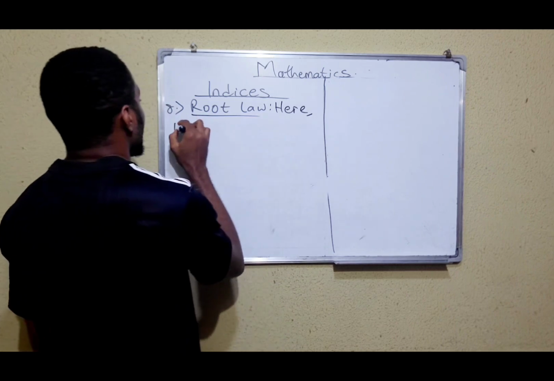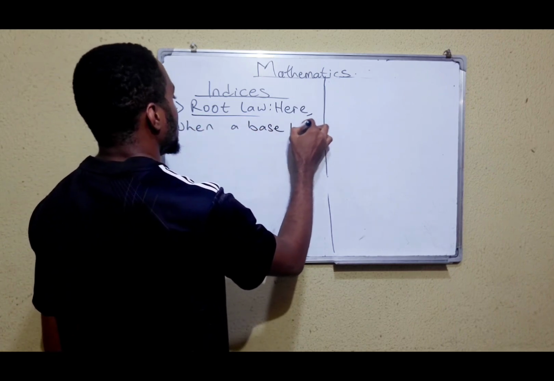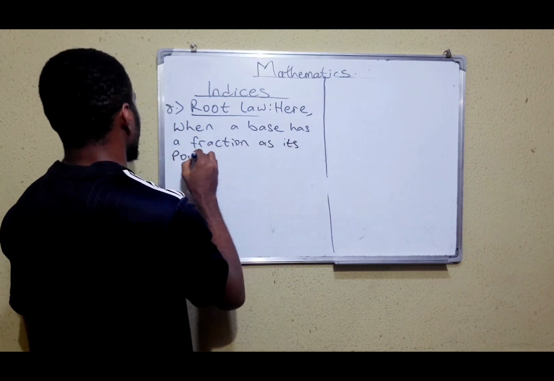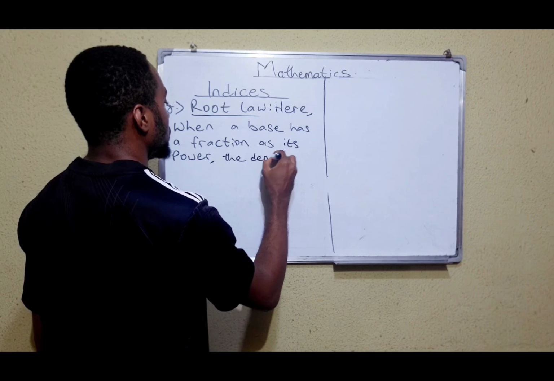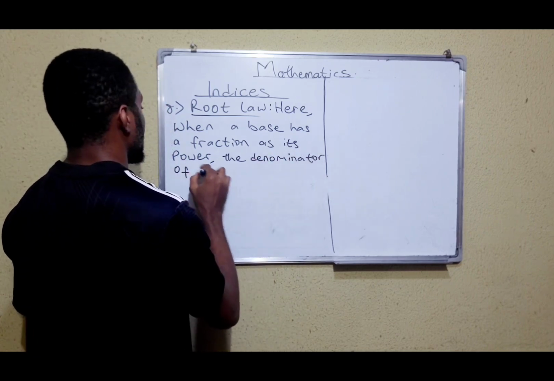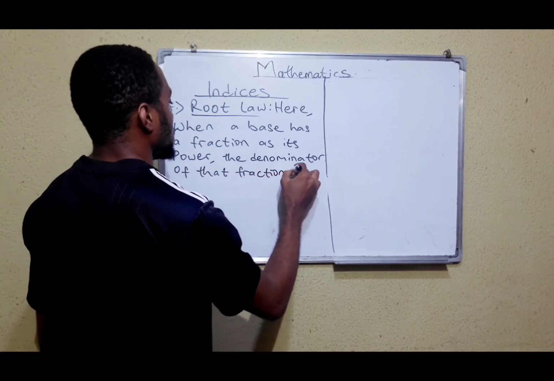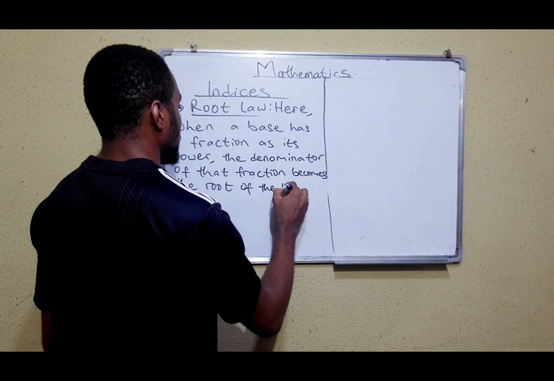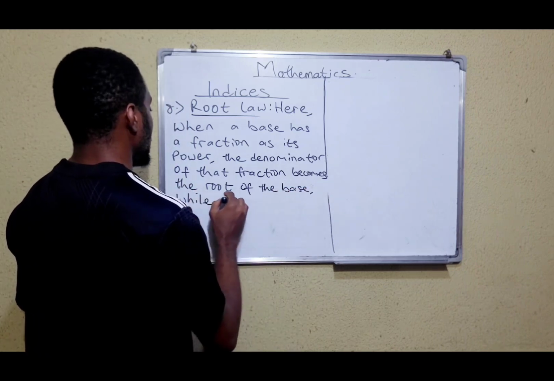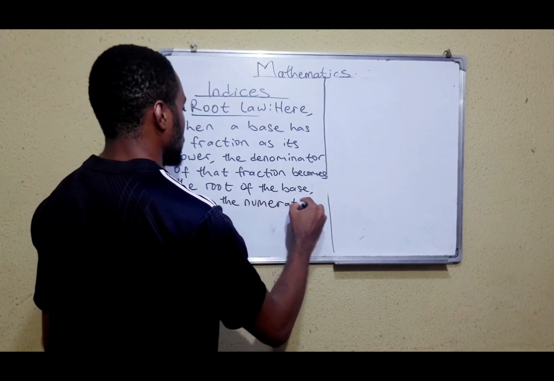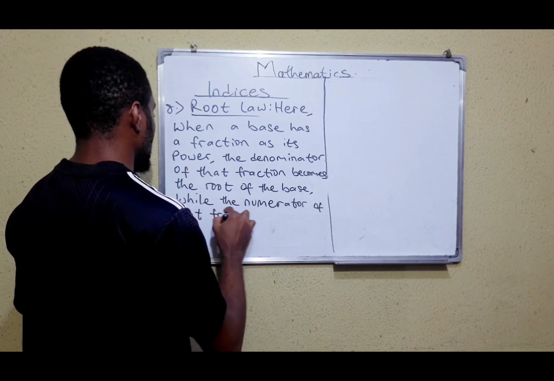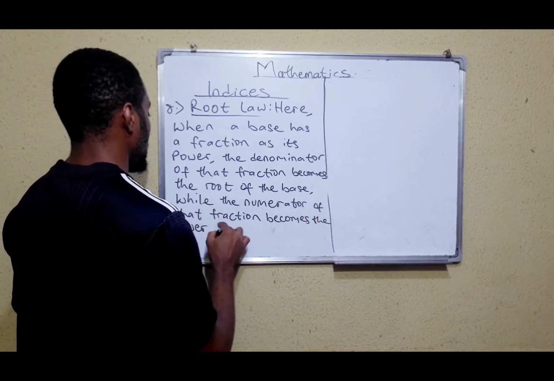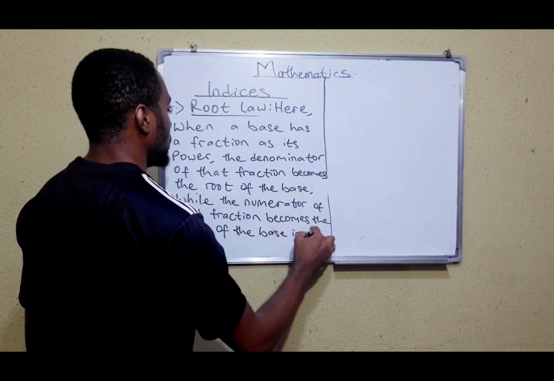Here, when a base has a fraction as its power, the denominator of that fraction becomes the root of the base, while the numerator of that fraction becomes the power of the base in the root.